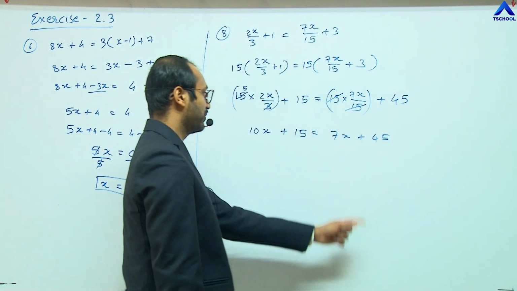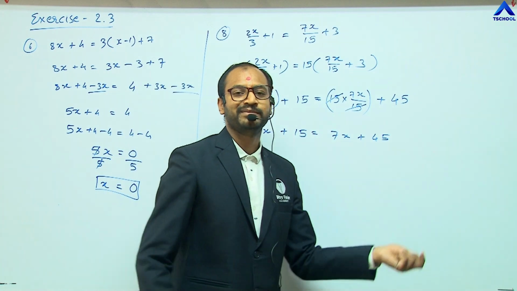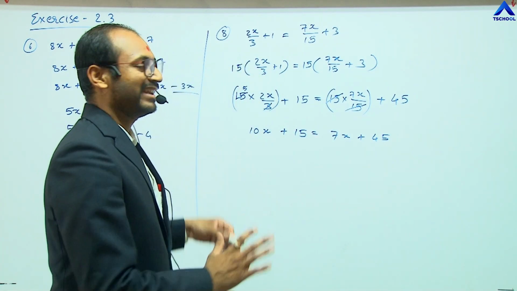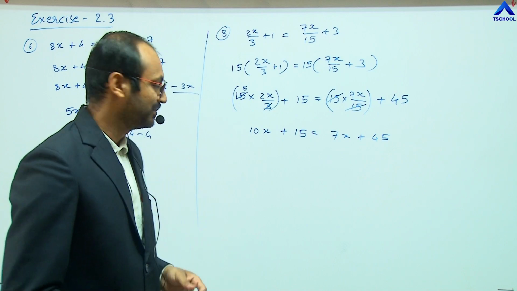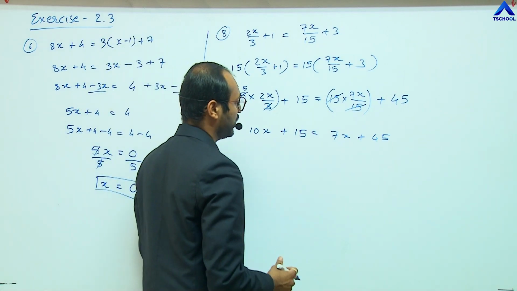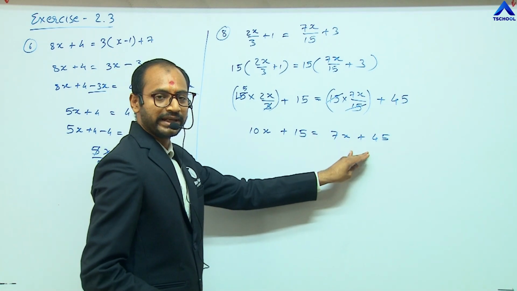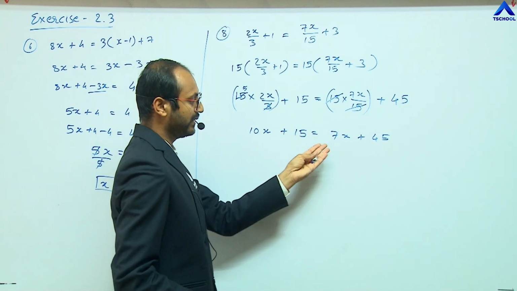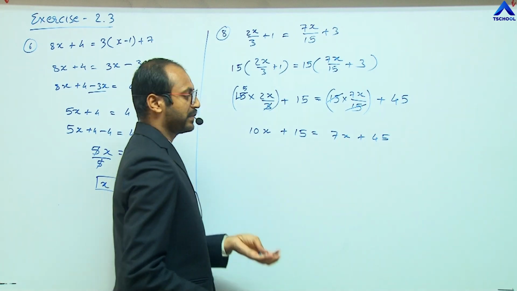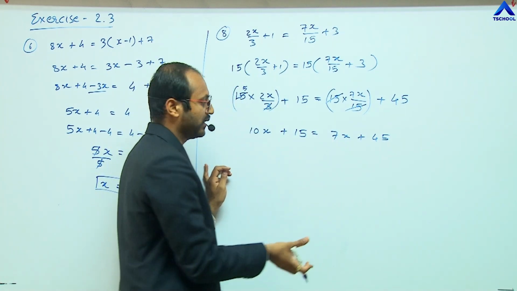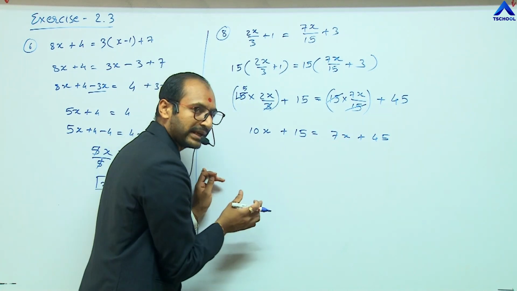Got it? Now see, this equation became simple. You can look at it as a linear equation. Clear? Now to remove this variable on one side, we have to subtract 7x on both sides. Subtract means the additive inverse of the smaller number. The smaller number is 7x instead of 10x.